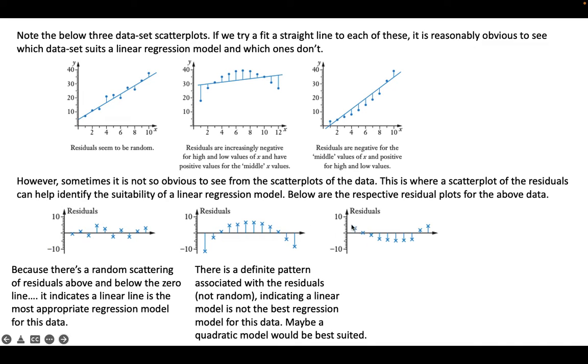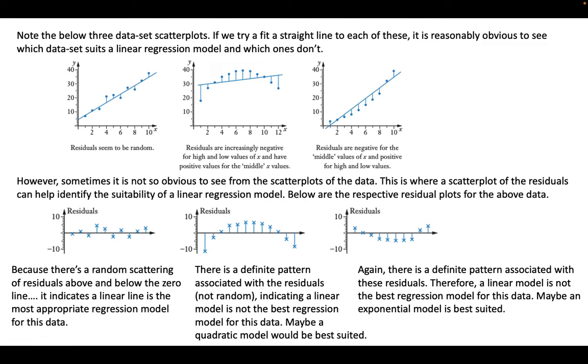And here as well, we can see a distinct pattern of our residuals starting from above, going down below, and going back up again. So once again, there's a distinct pattern with those residuals, so that tells us that a linear model is not the most suitable model for that data. It's probably some sort of exponential model.